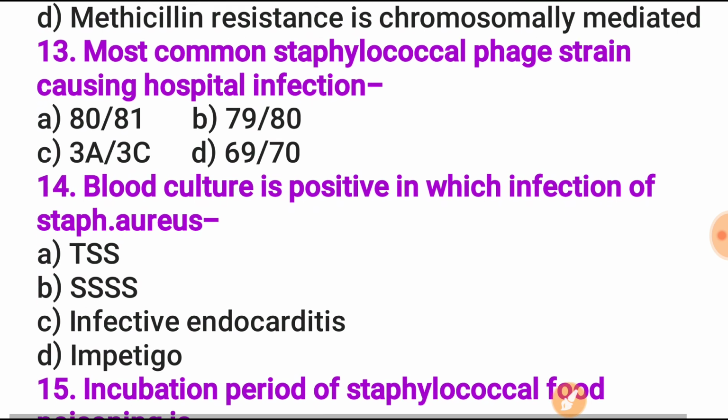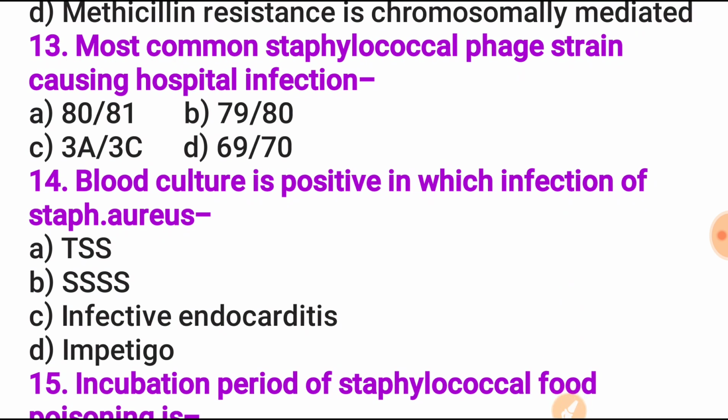So the false statement is that the most common source of infection is cross infection from infected people. Next, the most common staphylococcal phage strain causing hospital infection. The options are 80, 81, 79, 80, 3A, 3C, 69, 70.